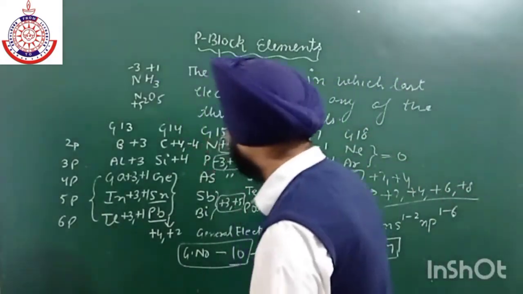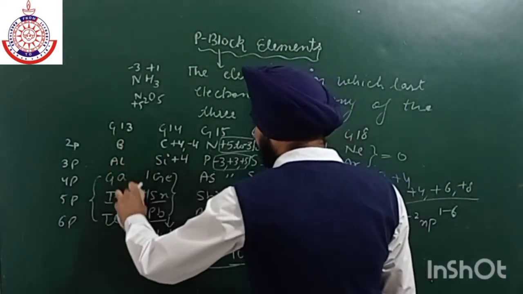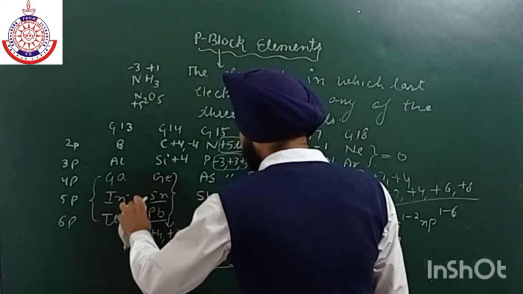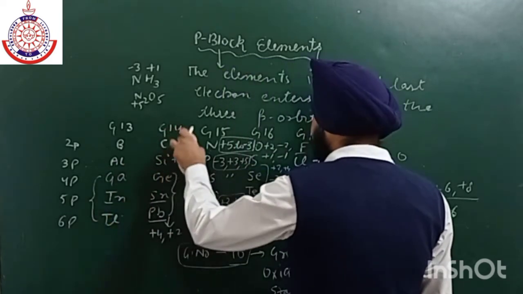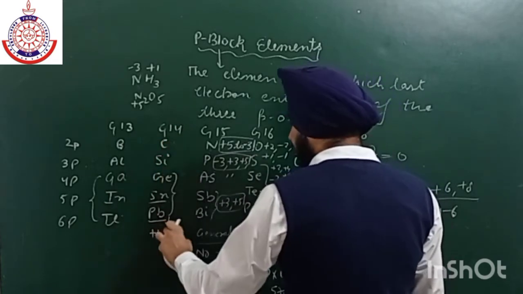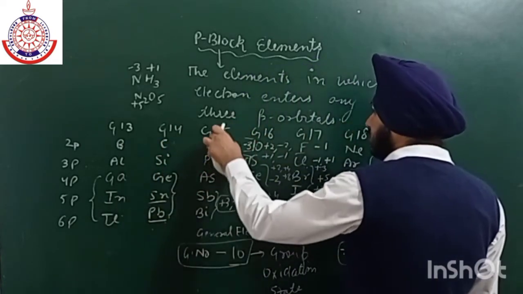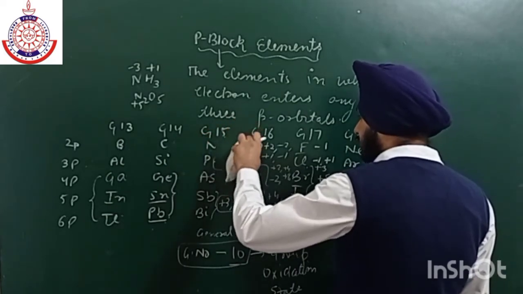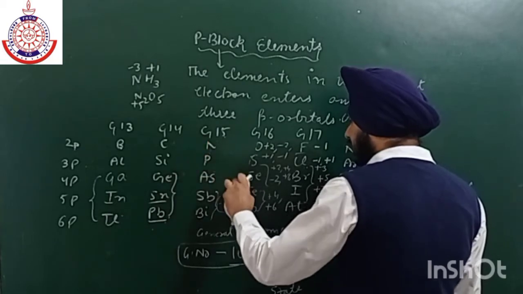Now let us talk about their nature. So there is a borderline, okay. There is a borderline in between all these elements. Now what is that borderline? Let us discuss that also. So there is a change in the properties due to this borderline, okay.